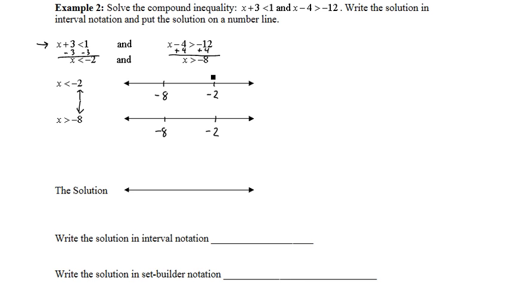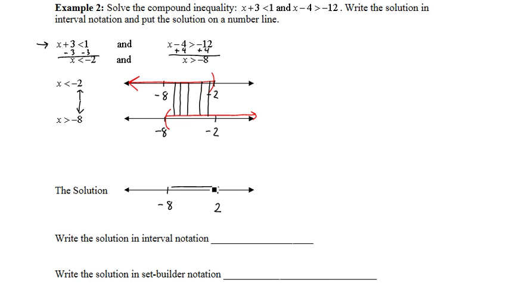Okay, so all numbers less than -2 and all numbers greater than -8, where do they intersect? These points match, these points match, they intersect here, here. So it looks like they're intersecting between -8 and -2. So all the numbers in here, they're intersecting all in here.